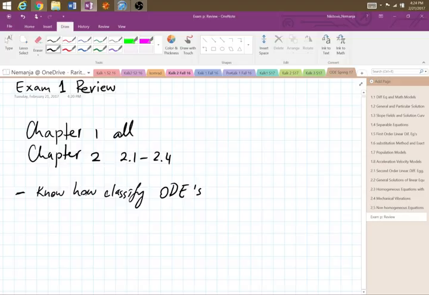The next part, we'll be working on separable differential equations, right? You need to know separable differential equations. Now, guys, remember you're integrating both sides. So integration techniques include vanilla integration.